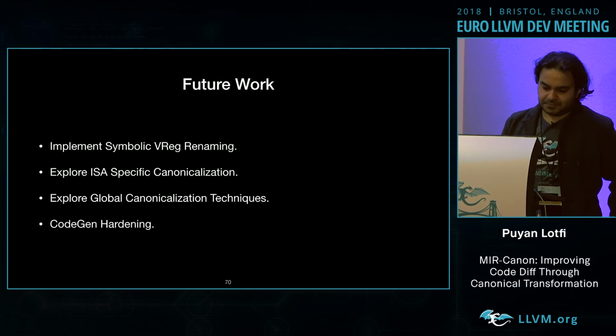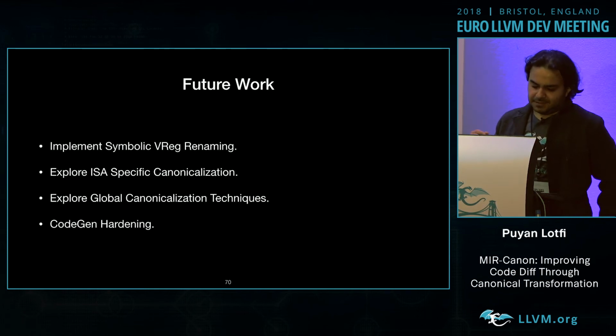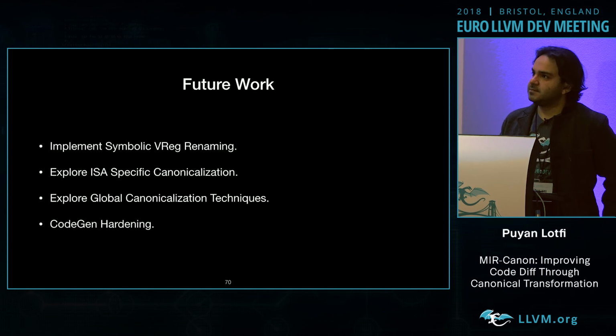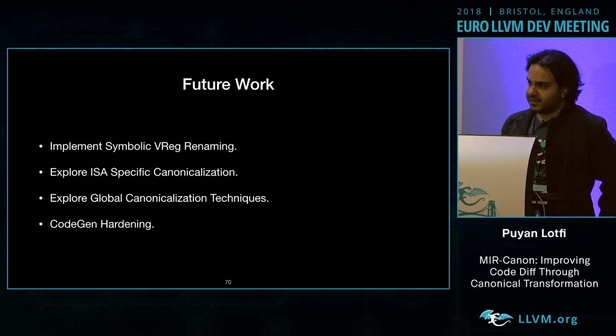Another type of ISO-specific canonicalization is, I could imagine querying some of the table gen information for patterns that are identical and always replacing them with the same instruction pattern.